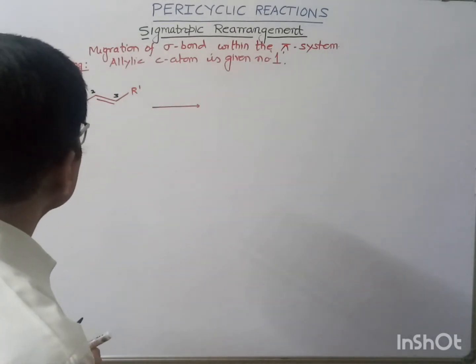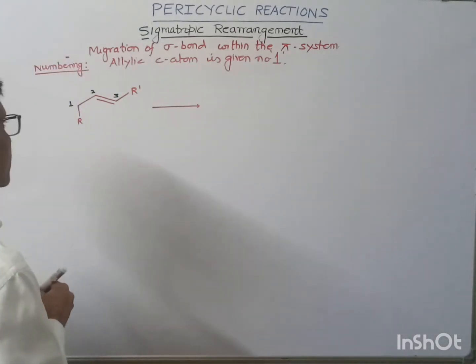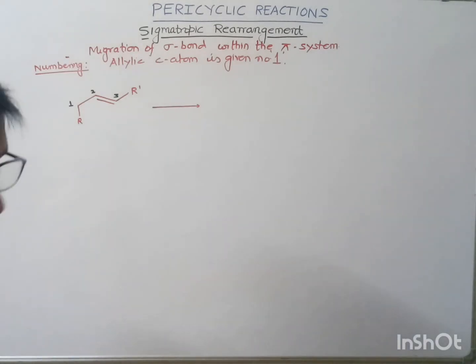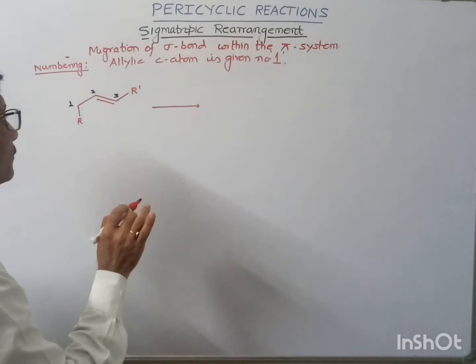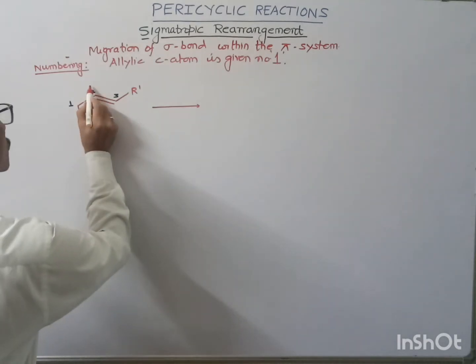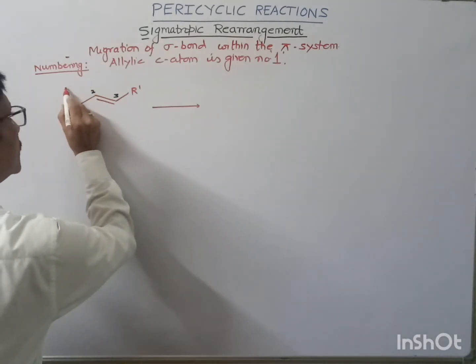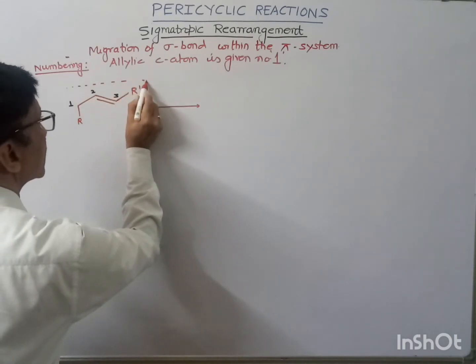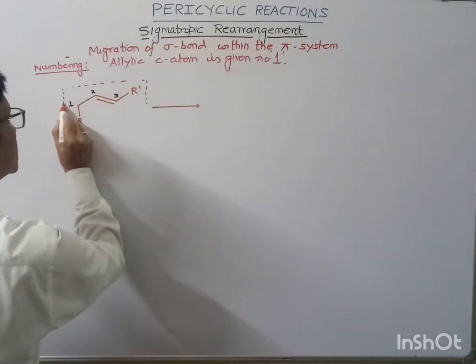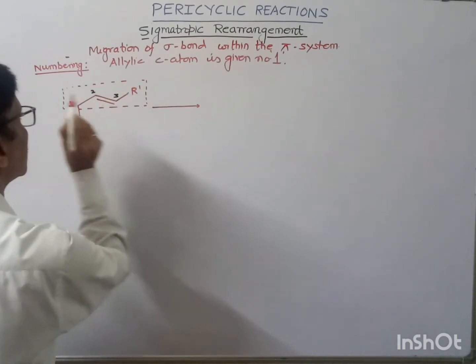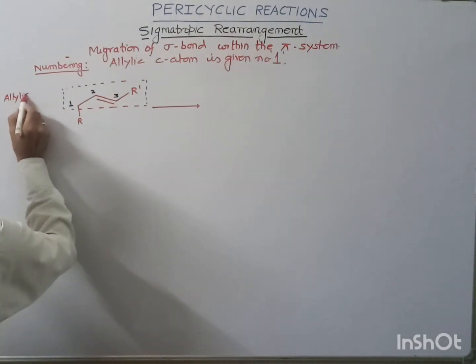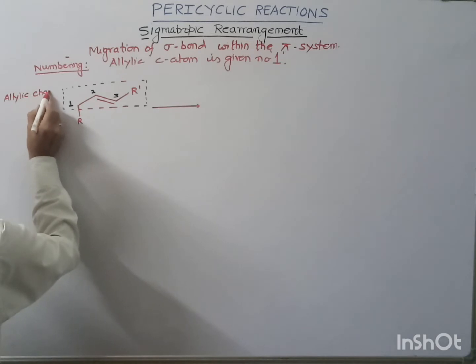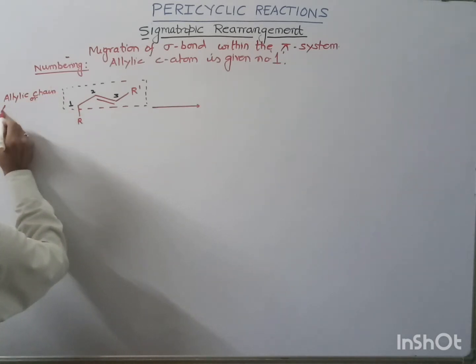So if you see here, there are two parts in this substrate molecule. One part is the alkyl part or allylic part. So this part can be called the allylic chain or alkyl chain.